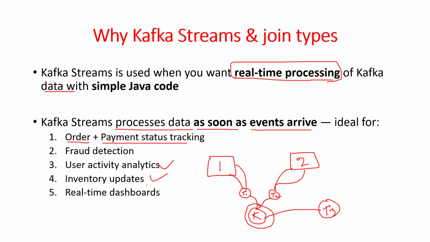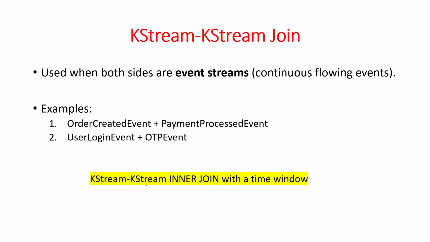So in our e-commerce application, how will it be useful? Whenever you receive an event like an order created event and a payment processed event, in the last session we demonstrated from the order microservice we created order events and payment events.